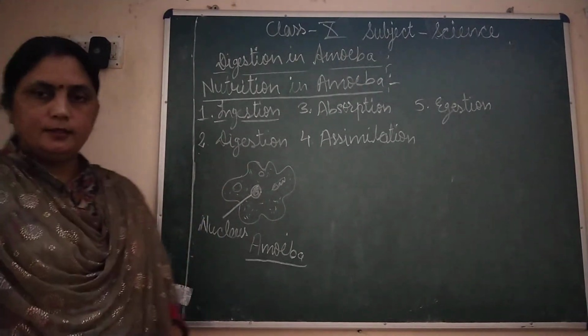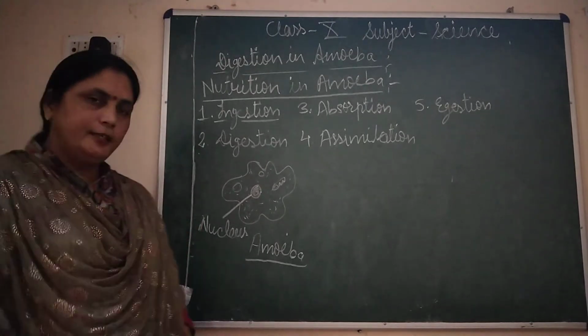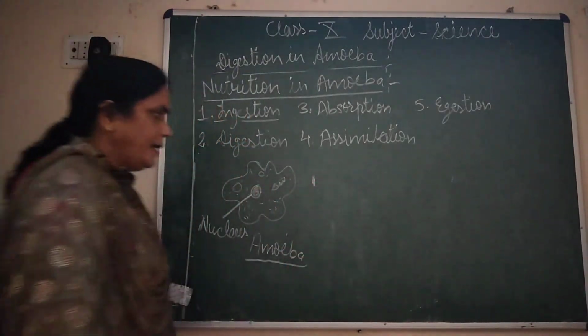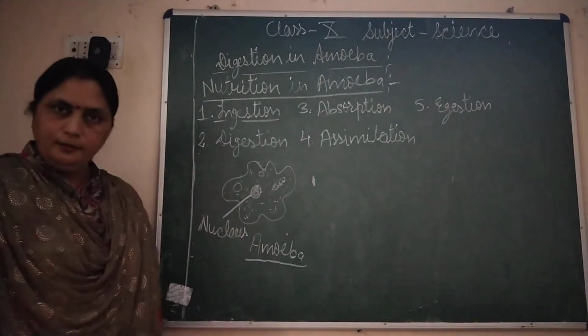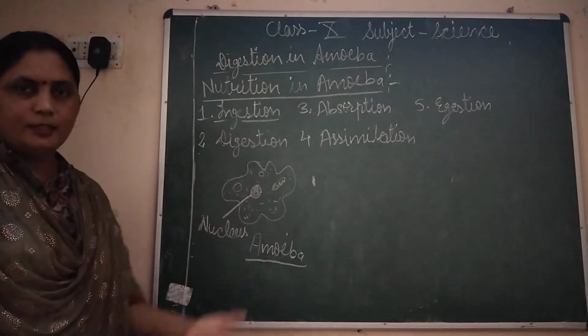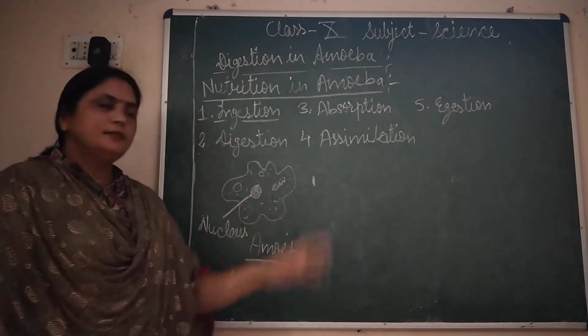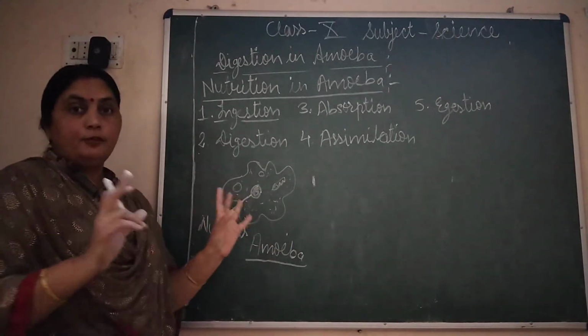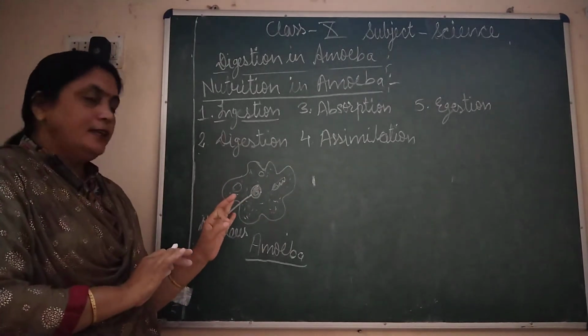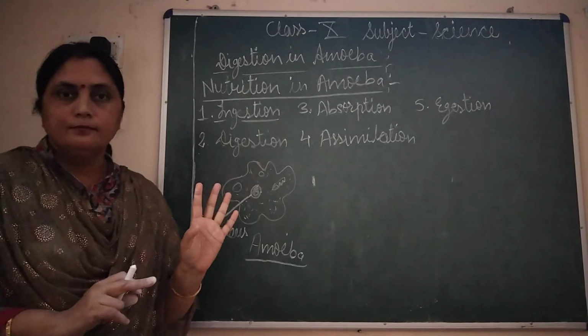So how does it take in its food? Suppose a small organism like a diatom has come here. It cannot see, it does not have eyes, but it feels the presence of food. It shows stimulus response, it is sensitive to the food.